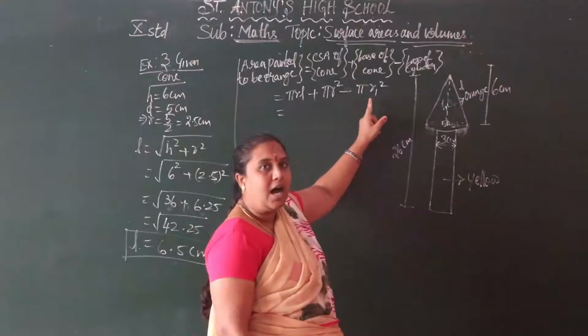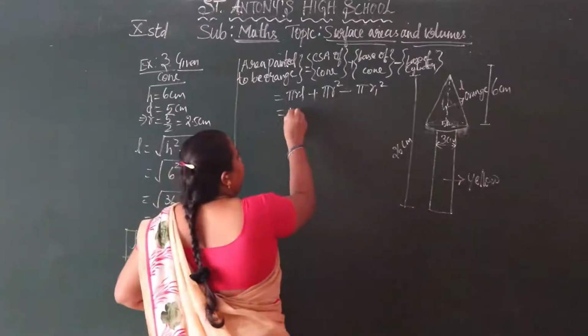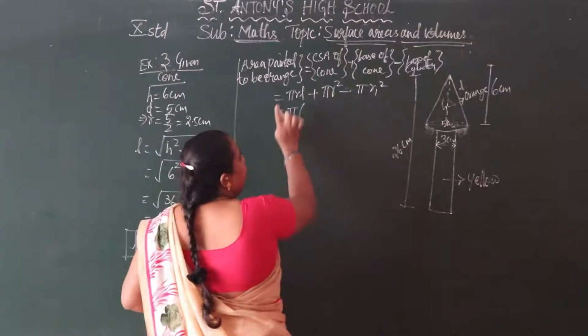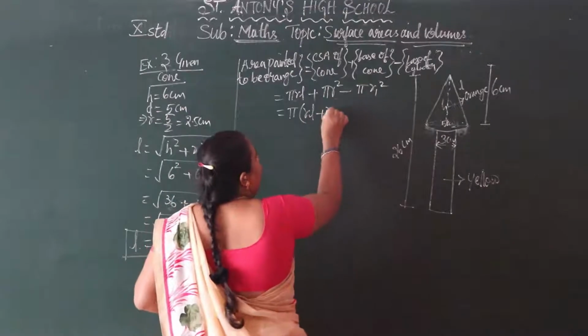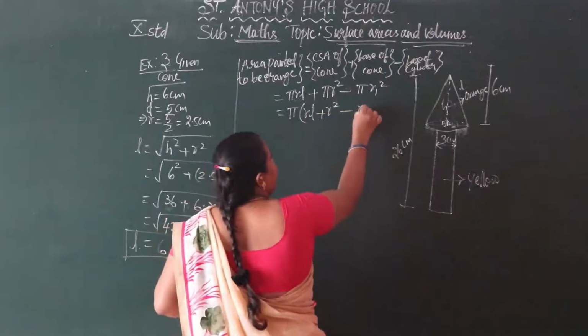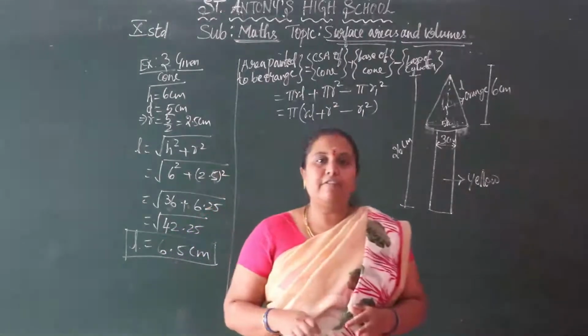We can't take r separately in all of these, so we take only pi commonly outside, and then we have r l plus r square minus r1 square. So this is the simplification of the formula.